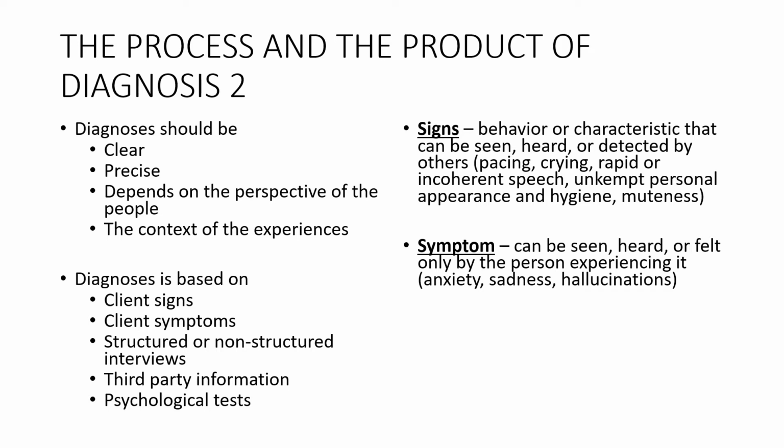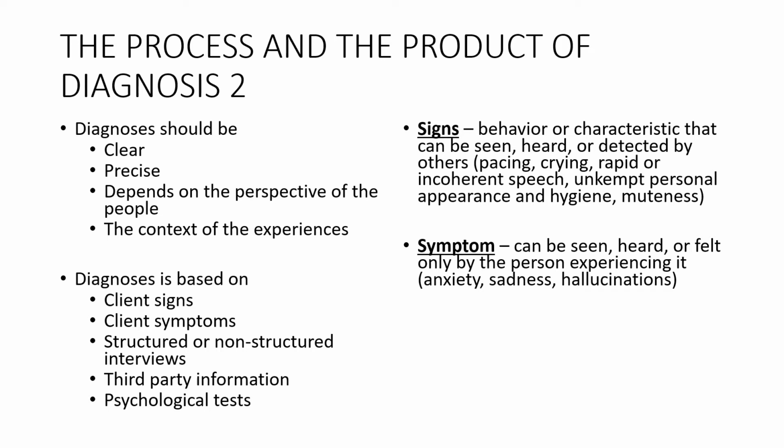Diagnosis is based on client signs, client symptoms, structured or unstructured interviews, third-party information, and psychological tests. I'm going to define signs and symptoms in a second, but structured or unstructured interviews basically means, if you're talking to someone, is there a form you're going along with when you're asking those questions?